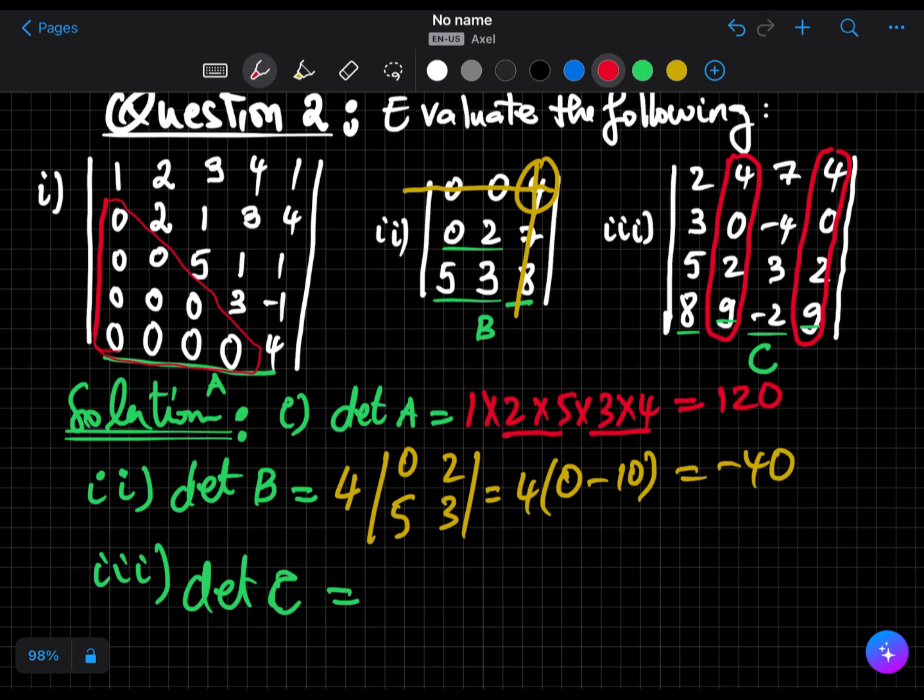Because they are identical, I will use one of the properties of determinants: when two columns are identical, the determinant will be 0. So it will be 0. Why? Because column 2 and column 4 are identical.